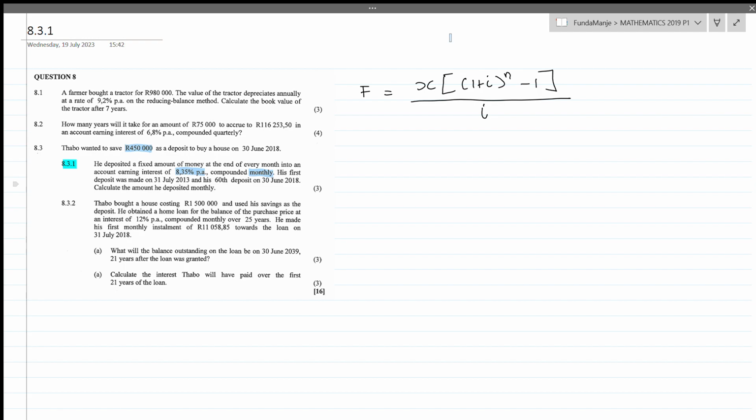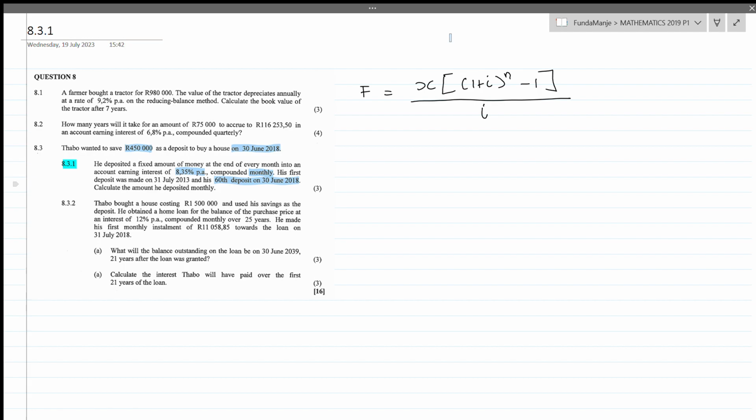His first deposit is made on the 31st of July 2013 and his 60th deposit on the 30th of June 2018, and we know this is the due date when he wanted to have this amount by the 30th of June, so that's when he makes his last payment.